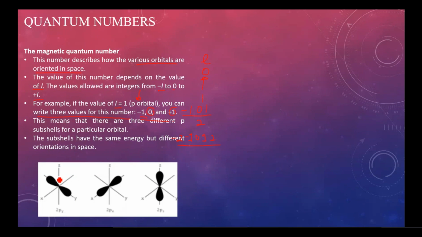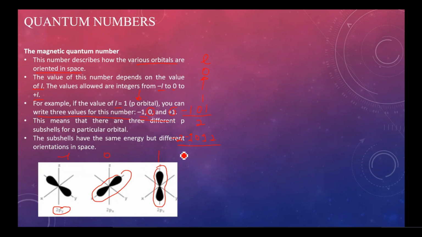P is a dumbbell-shaped subshell. One of the subshells is oriented along the y-axis, one along the x-axis, and one along the z-axis. So you have three orientations available for the p subshell.